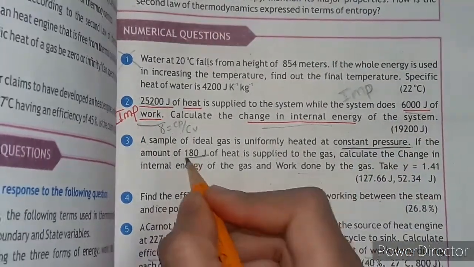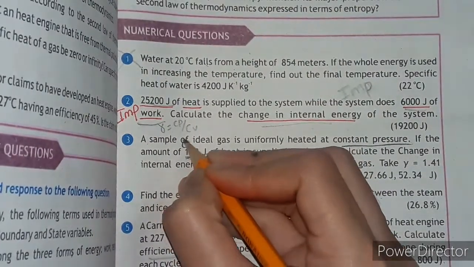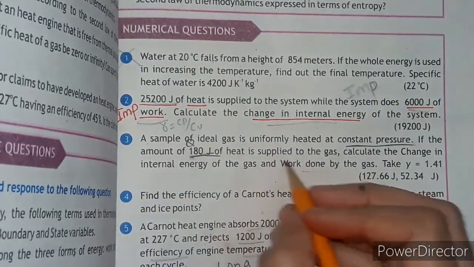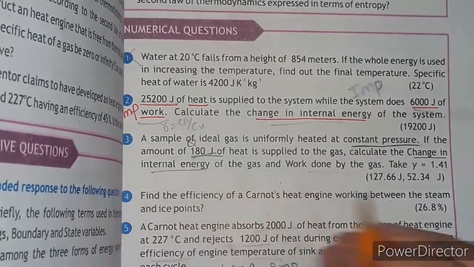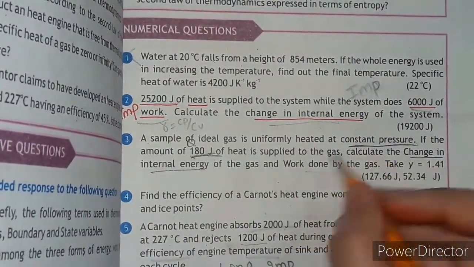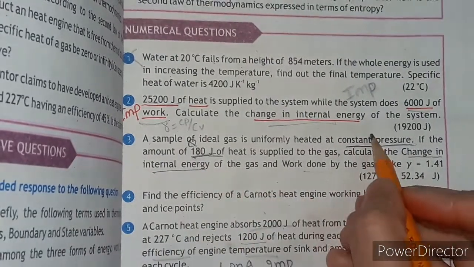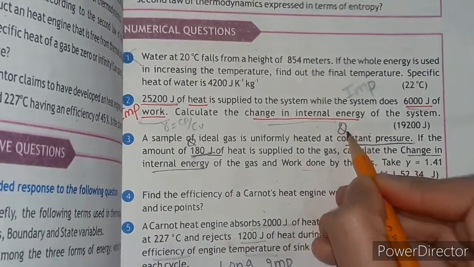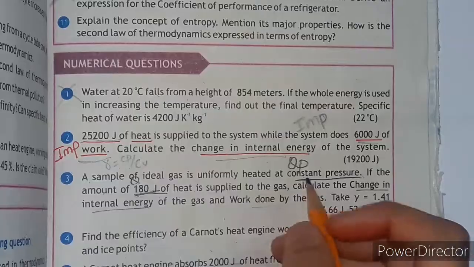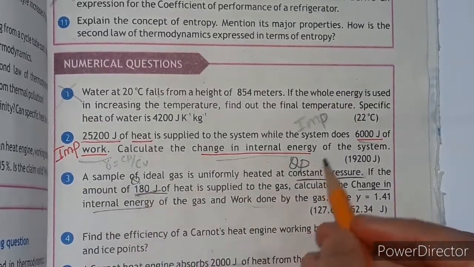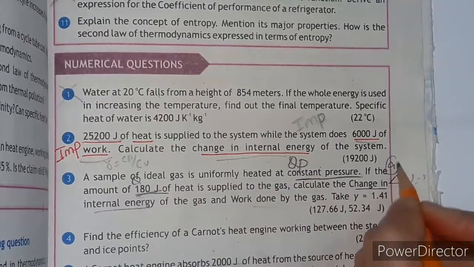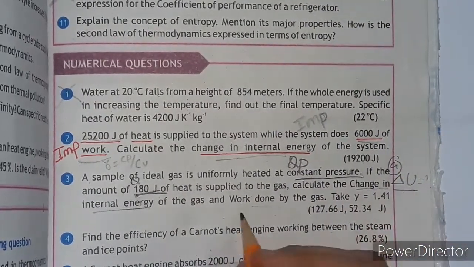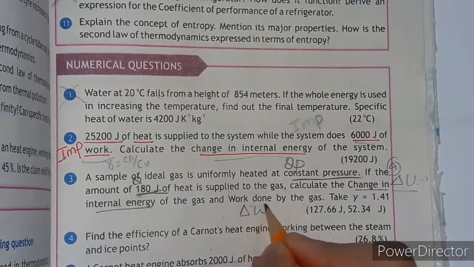Moving towards numerical number 3. With constant pressure, the amount of heat is given, this is del Q, and we have to calculate the internal energy. We are only given the heat at constant pressure, which means we are given Q. The value of heat is Qp is equal to 180 joule, and in the first part we have to calculate the change in internal energy and then the work done.